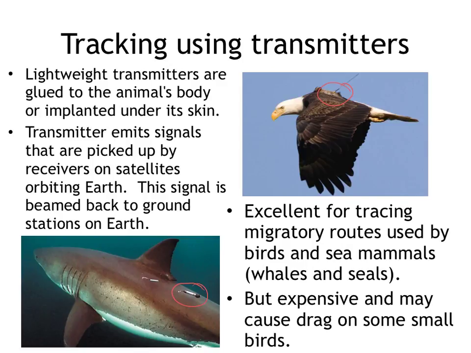The transmitter will emit signals that are picked up on satellites, and that signal is beamed back to the ground. It's very good, this system, for tracing migratory routes of birds and sea mammals. So for example, whales and seals.